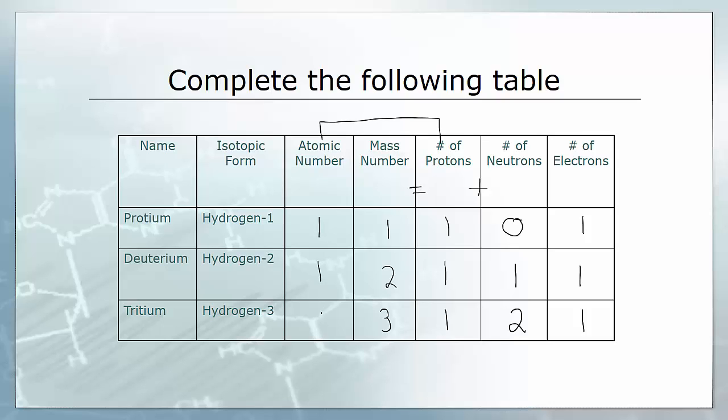So the atomic number for all 3 isotopes of hydrogen is 1. So one more time, atomic number is the same as the number of protons. Mass number is the number of protons plus the number of neutrons. When you have isotopes, it's the number of neutrons that changes, not the number of protons.